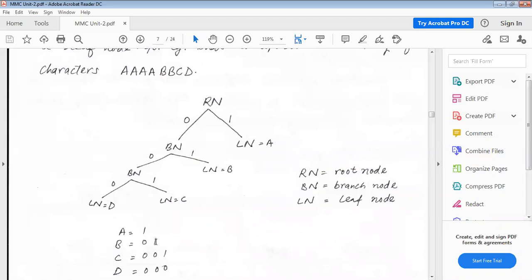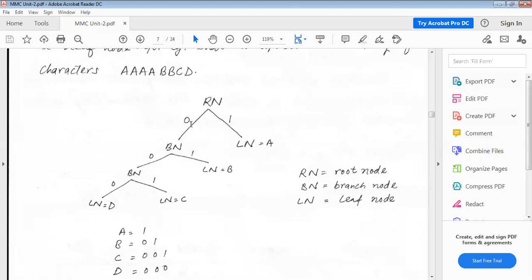Like that, for C, how can we write? Again I will go from the root node to the leaf node. The root node is the top node, and the leaf node is the bottom node. While writing the code word for a character, I will go from top to bottom. So we have 0 here, then 0 again, and then 1.